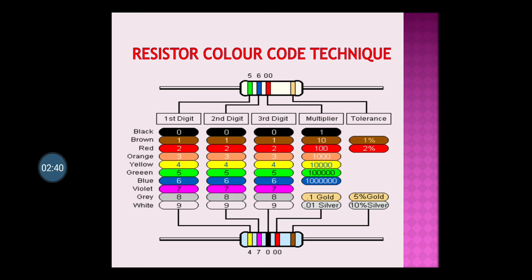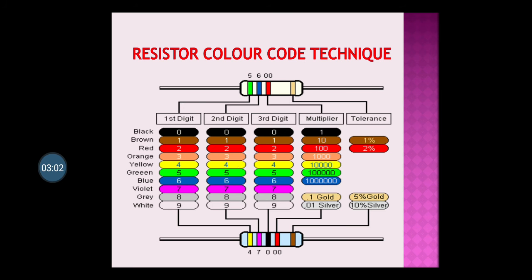Now in this slide you can see the digits have been given some color numbers. The color bands have numbers. This is called the resistor color code table, and you have to learn this table.